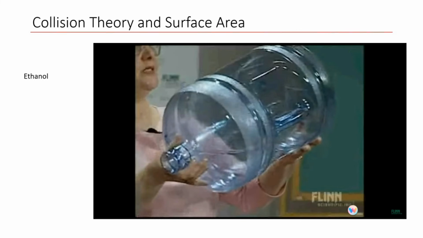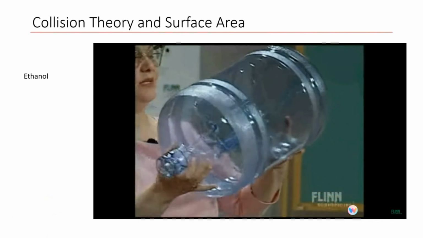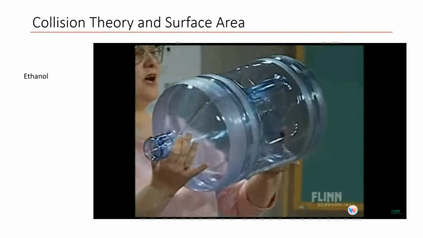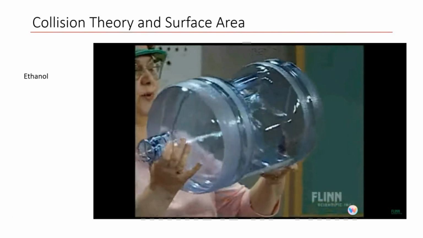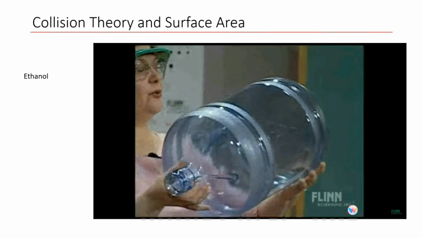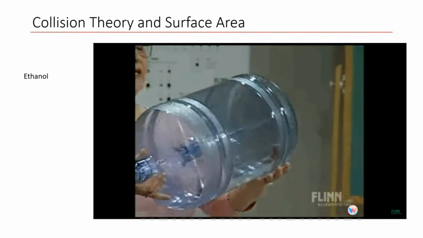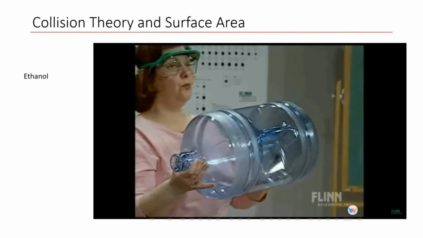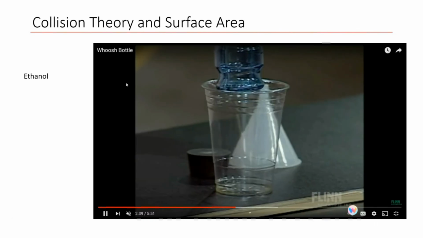Our last demo is looking at the impact of ethanol. A tiny bit of ethanol was placed in a jug and is being swirled around to cause the vapor of ethanol to fill the container. Ethanol has a relatively high volatility, especially in its pure form, so we're just vaporizing it, rolling it around and filling the container with it.